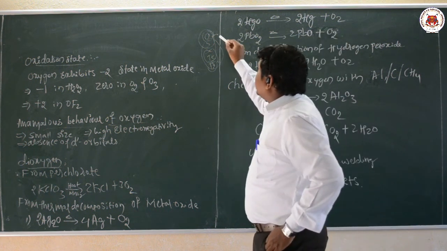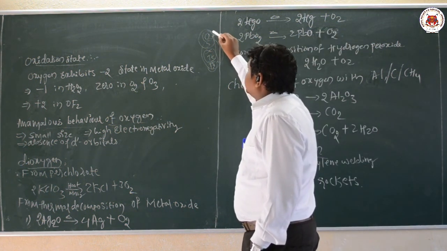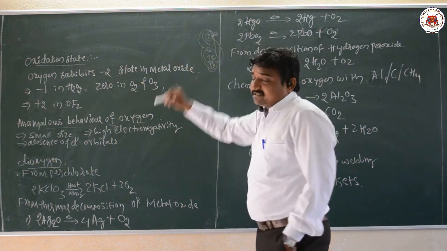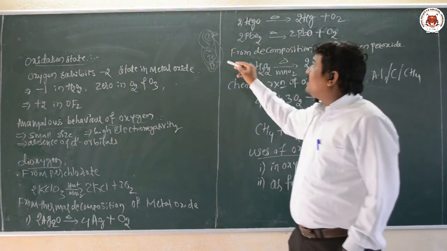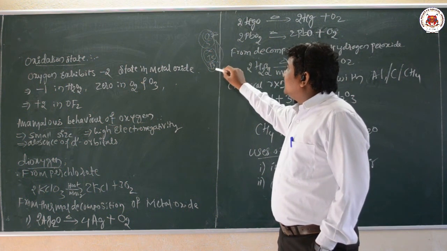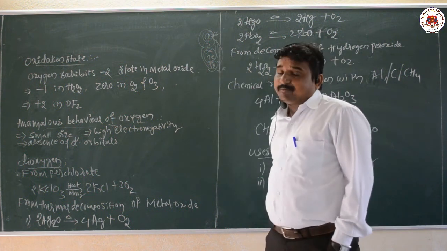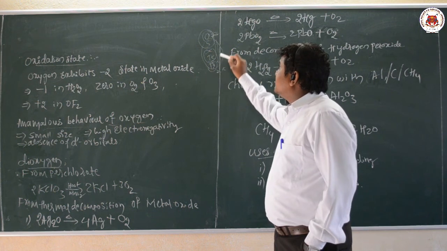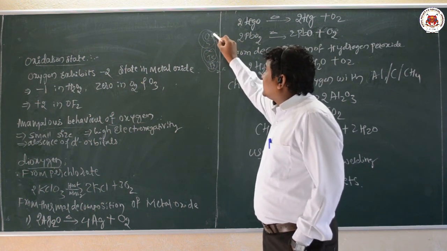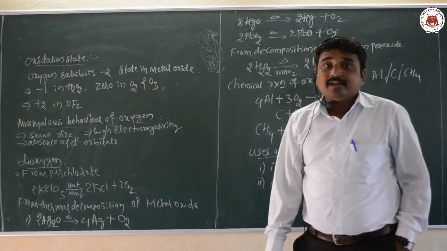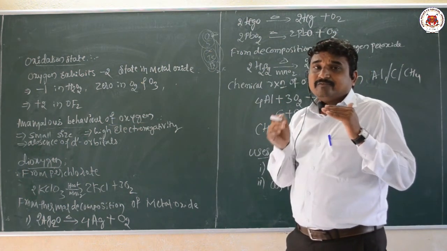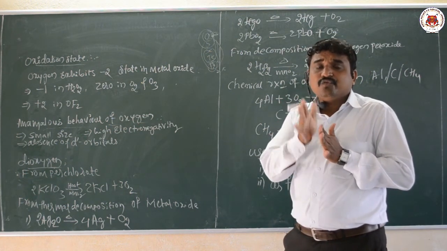One more anomalous property is due to the absence of d orbitals. In the heavier members there is an entry of d orbitals, so there is a presence of d orbitals. In the case of the oxygen atom there is an absence of d orbitals. For that reason the covalency of oxygen is restricted to 4 only.